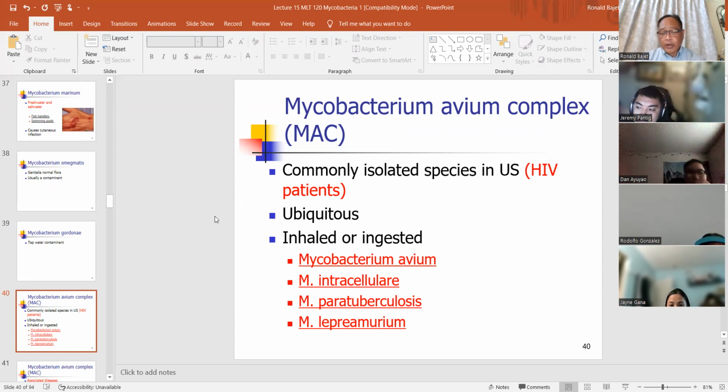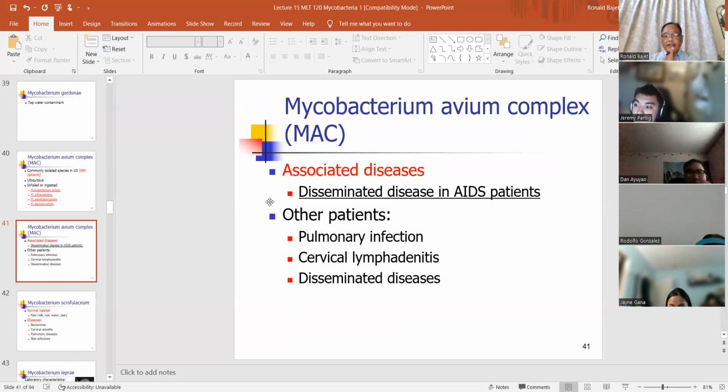And then you have paratuberculosis and the lepraemurium. That's not leprae, but lepraemurium. Associated disease of this group of mycobacteria is disseminated disease in AIDS patients. So I mentioned AIDS a few times. Again, if these patients are immunocompromised, they have a high likelihood of being positive for AFB, okay? Other patients have pulmonary infections, cervical lymphadenitis, and disseminated diseases.